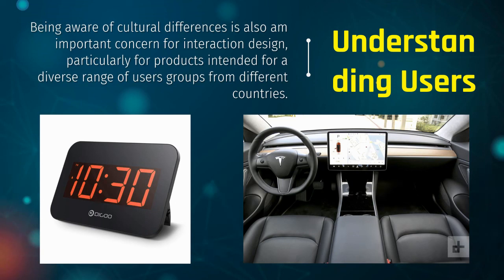So this raises the question of how easily an interface design for one user group can be used and accepted by another. There are many questions about whether it is acceptable to one group of people.